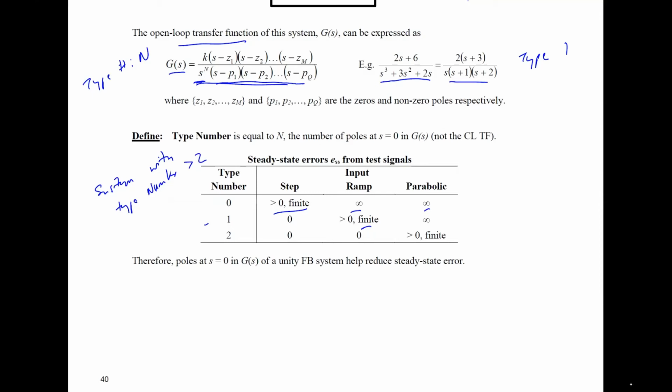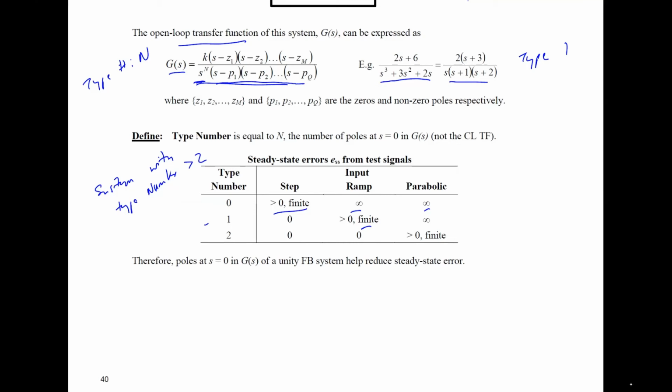So even though we have a better reference tracking, we end up having difficulty in the transient response. Basically, the transient response is not a stable one. We never end up having a good response, so we basically never end up reaching the reference value in the first place.